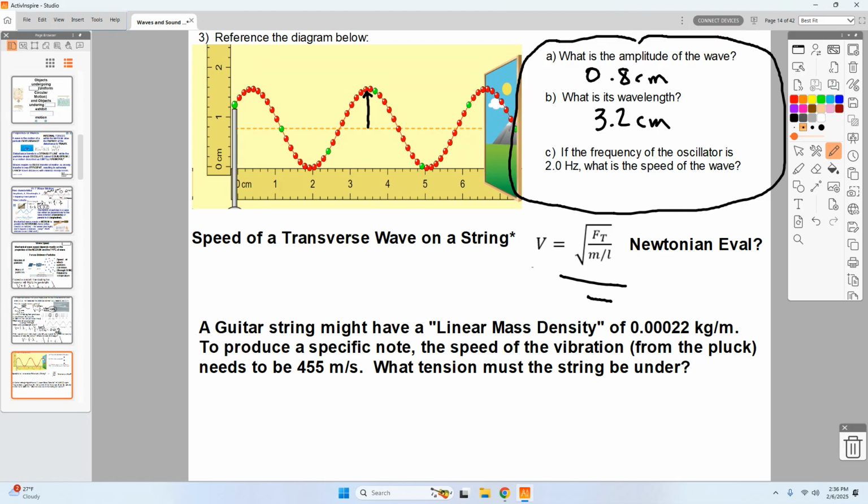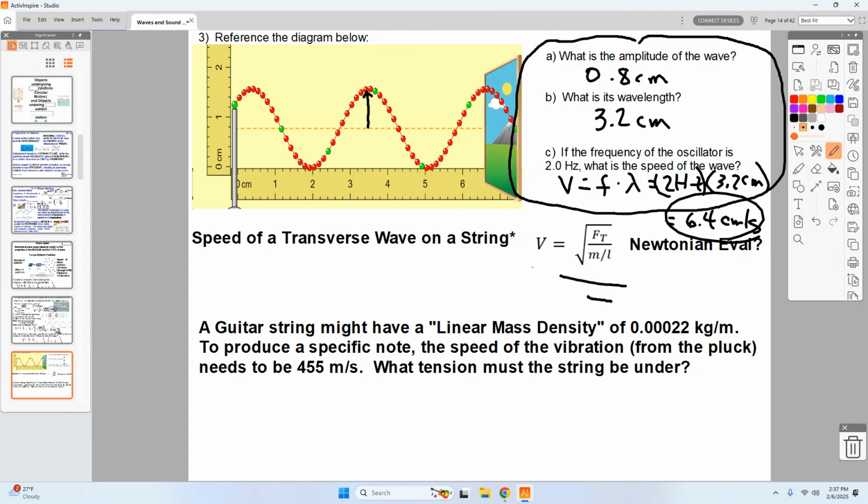So if that oscillator is going up and down 2 times per second, I should be able to determine the wave speed with a simple calculation. I take that 2 hertz, multiply it by 3.2 centimeters, and I get 6.4 centimeters per second, and that would be the wave speed. That's how fast that wave is traveling. Okay.